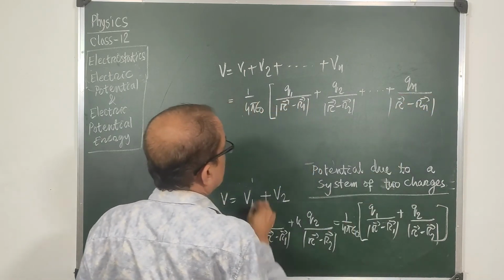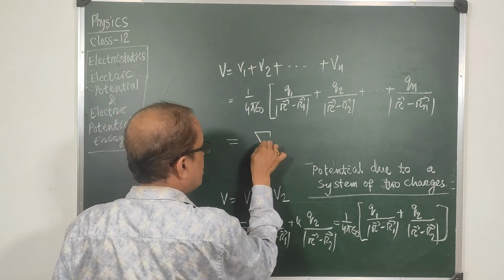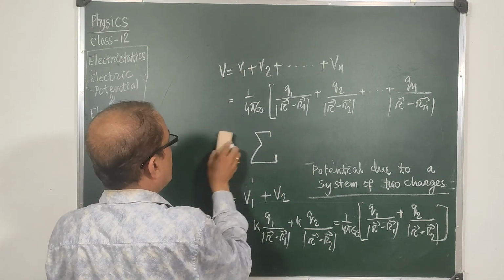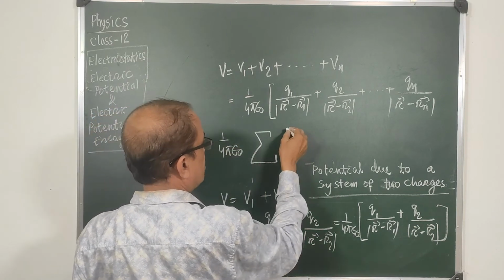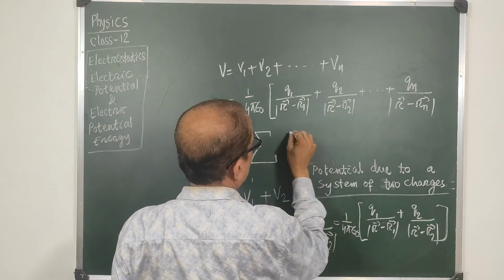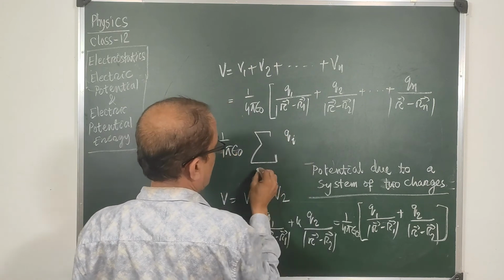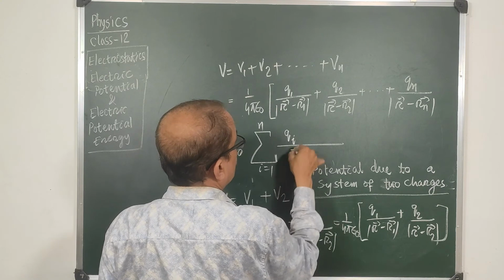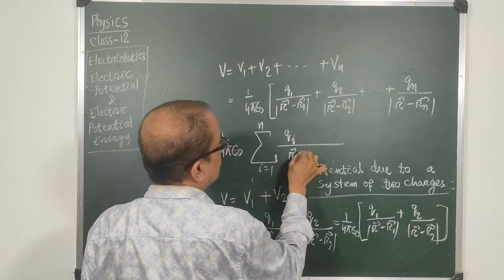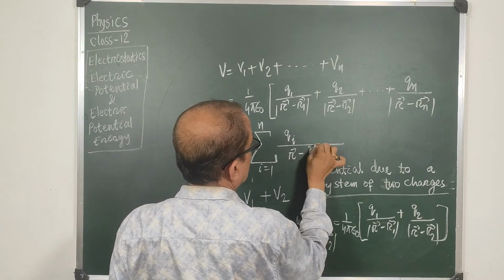And using the summation sign, we can put this in this form, where 1 by 4 pi epsilon 0 is taken common, and you have q1, q2, q3. So these are all qi, i is equal to 1 to n, and upon r is common everywhere, so put r vector minus ri vector.